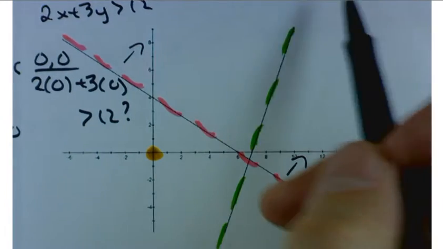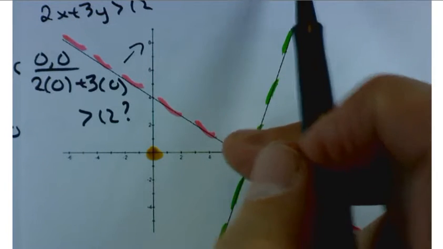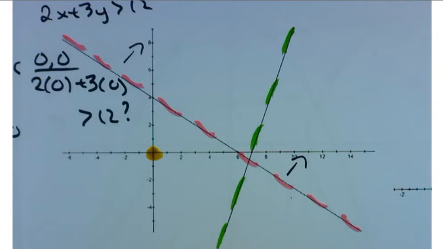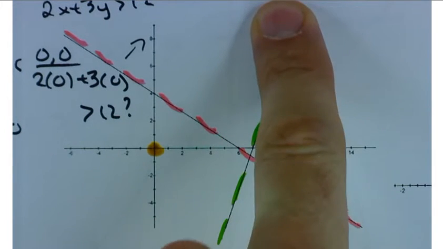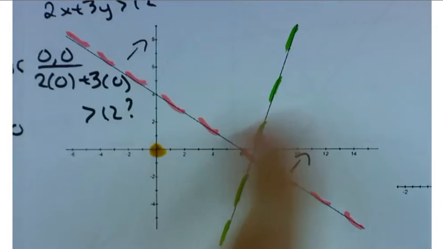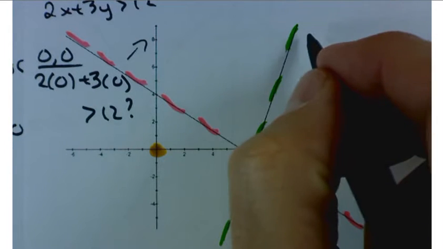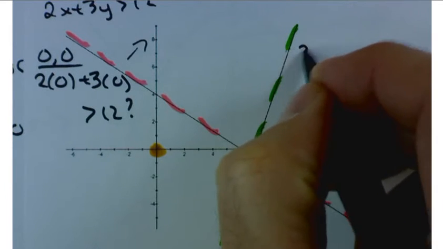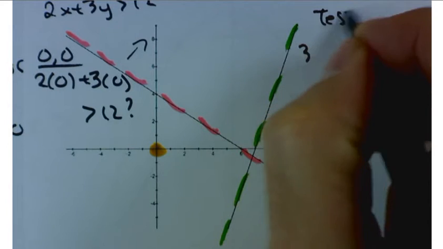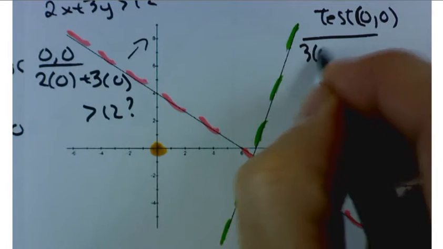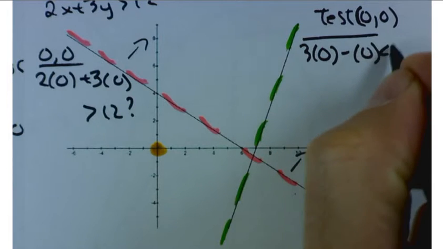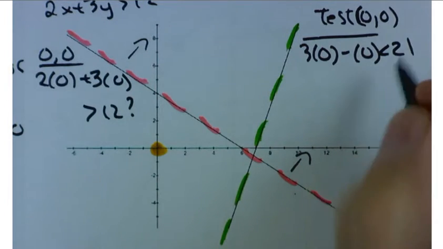We're going to repeat that process for this part right here. Let's decide if 0, 0 satisfies the inequality here or not. So I'll put in 0, 0. Again, we'll test that point. 3 times 0 minus 0, is that less than 21?